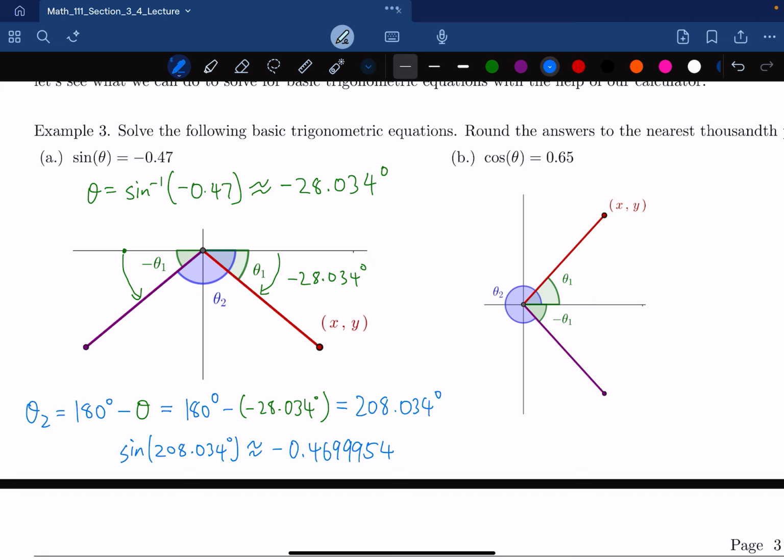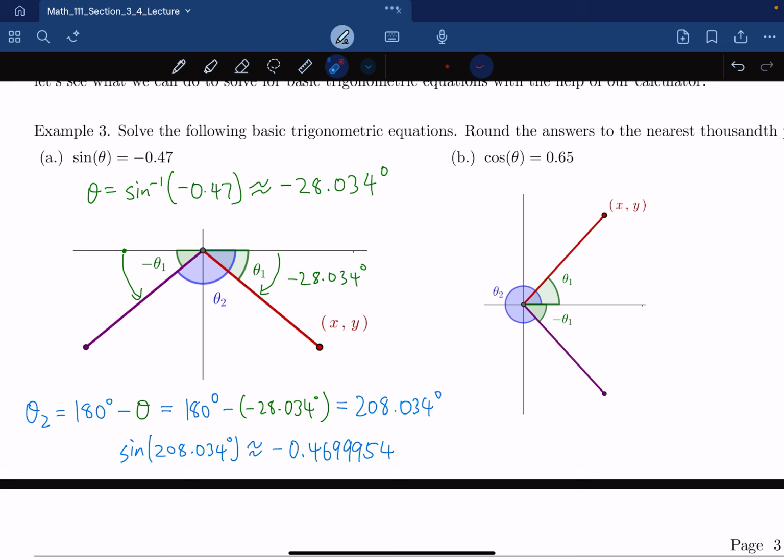And you can see that is really close to negative 0.47, right? Please don't write a degree. This is not a degree. But this is really close to negative 0.47. And of course, that's because that is the second answer for this trig equation.